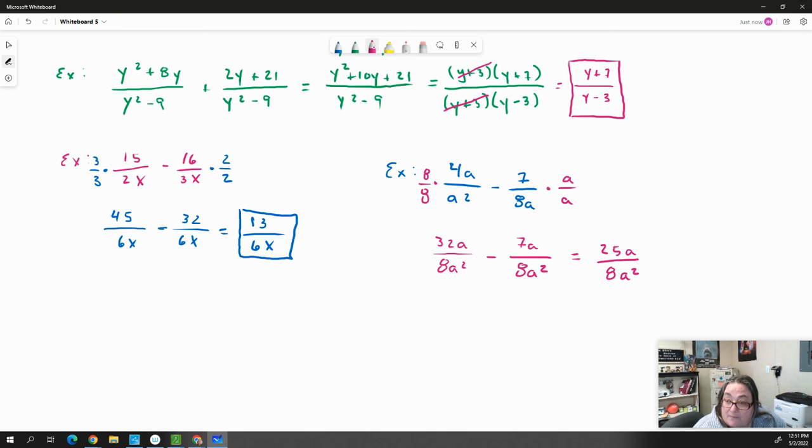But I have an a on top and an a on the bottom, so here I'm going to be left with 25 over 8a. 2 minus 1 is just 1, so it's just going to be 1a. Did that follow? Did that track for you?